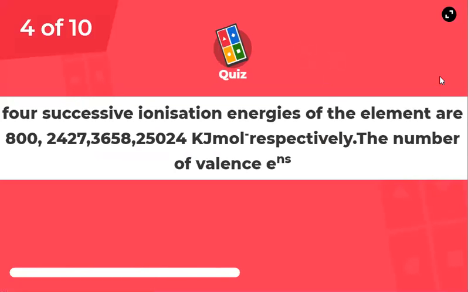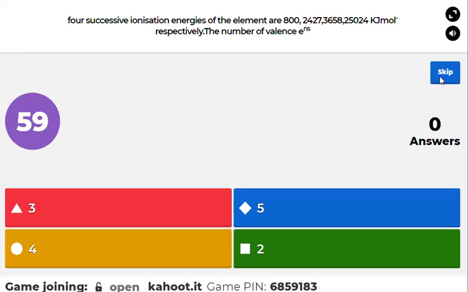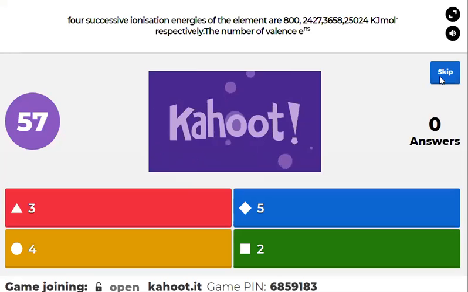Four successive ionization energies of an element are given. The number of valence electrons is asked. Think about it, everyone.